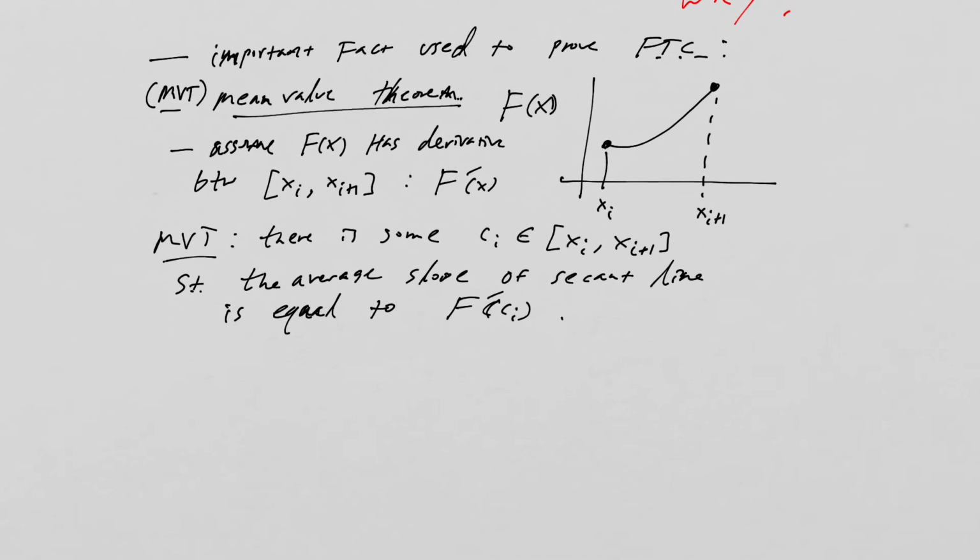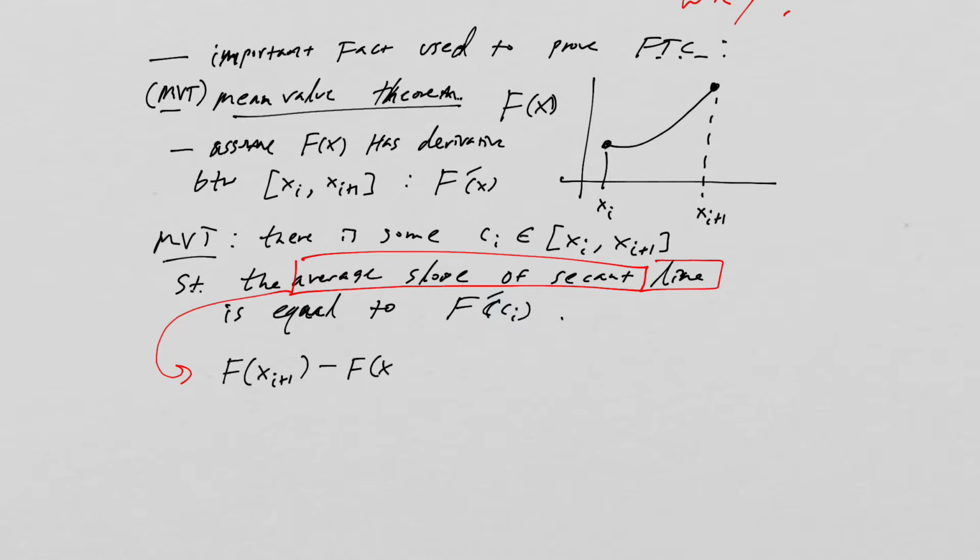Let's write that down. Remember the average slope of the secant line, from the very beginning of when we started talking about calculus. That is f of xi plus 1 minus f of xi, all divided by delta xi, where delta xi is equal to xi plus 1 minus xi.